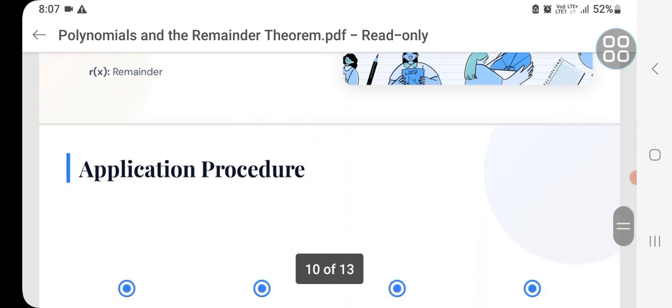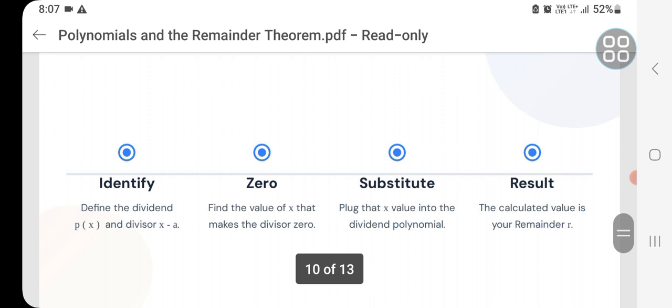Just apply one thing. Okay, first, how to write the remainder theorem. If you solve one sum, you have to use a certain procedure to write down this sum, right? So if we have two polynomials, we can easily divide them, right? For example, if you have two numbers, 4 and 2, 4 divided by 2, we can easily solve this.